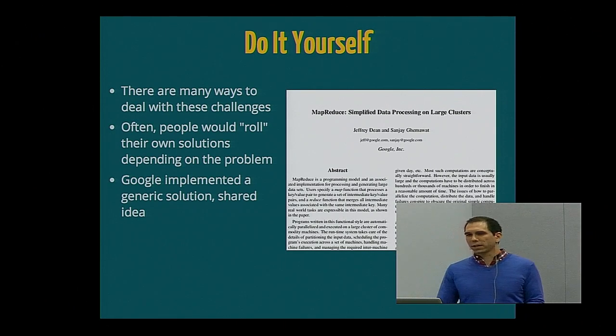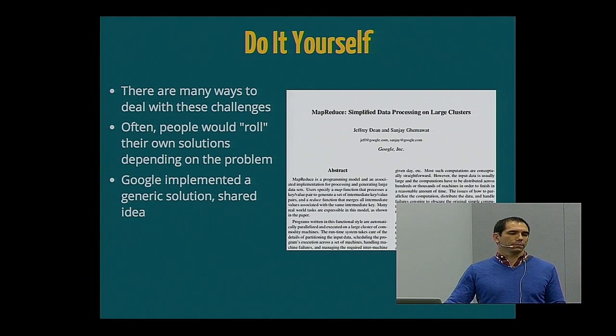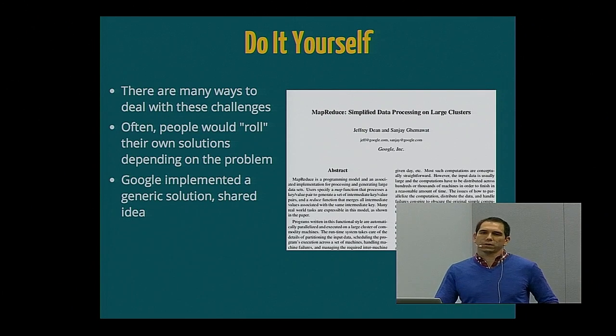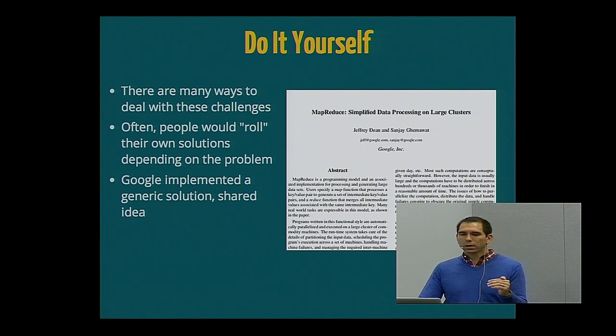So they shared this idea in a paper, and although they didn't put out the implementation that Google had, the paper spurred a lot of ideas and eventually spawned Hadoop. And Hadoop is the software that most people use to run MapReduce programs, and it's a Java program that mrjob runs on top of usually.